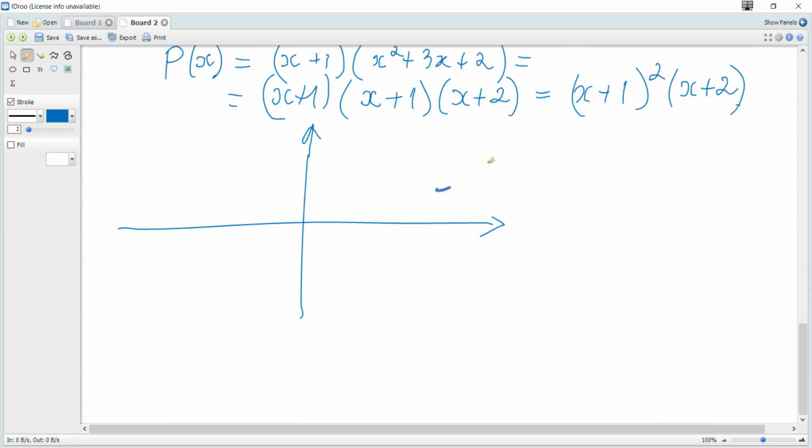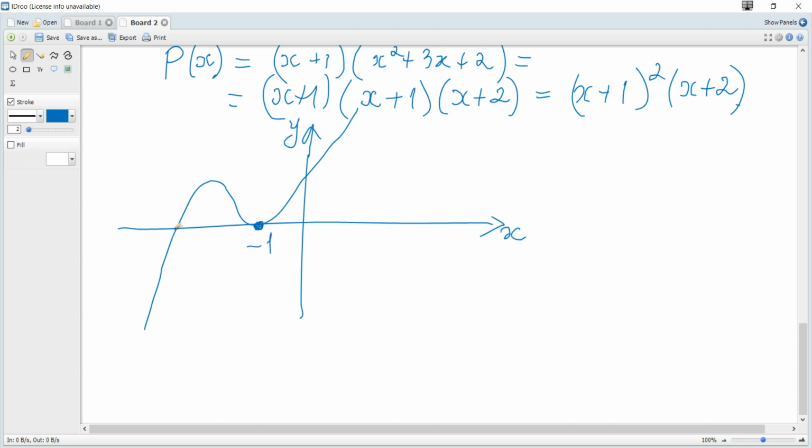So the function looks like this, tends to plus infinity here, minus infinity here, and we can see that there are two roots, -1 and -2, and two equal roots, x plus 1 squared, and it looks like a parabola touching the axis, so you should be able to plot such graphs. So it looks like this. It's because there are two equal roots, so it touches the axis.